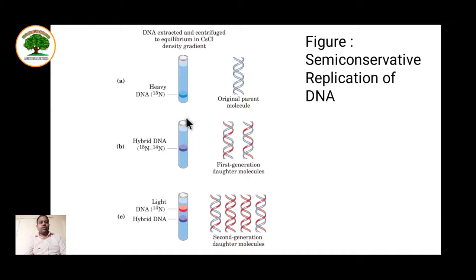When these three are combined, you can see that the DNA formed as a hybrid forms a band at the center. This band is at the center, this is the band at the top, and this is the band at the bottom. This band at the center shows that the DNA is replicating semi-conservatively.